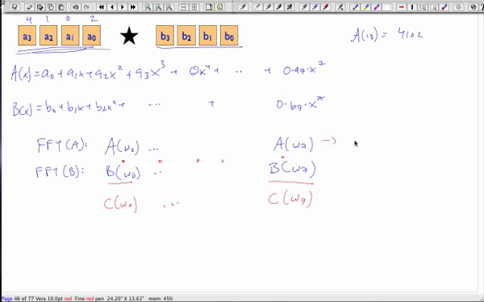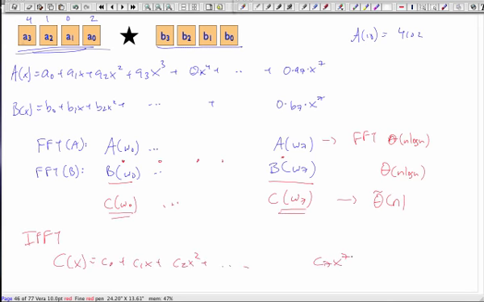So this FFT takes order n log n. This one takes order n log n. This computation is going to take order n, but I'm going to put a little tilde there because there's a little bit of lying I'm going to do. And finally, I'm going to do an inverse FFT in order to do the opposite. This one also takes order n log n.